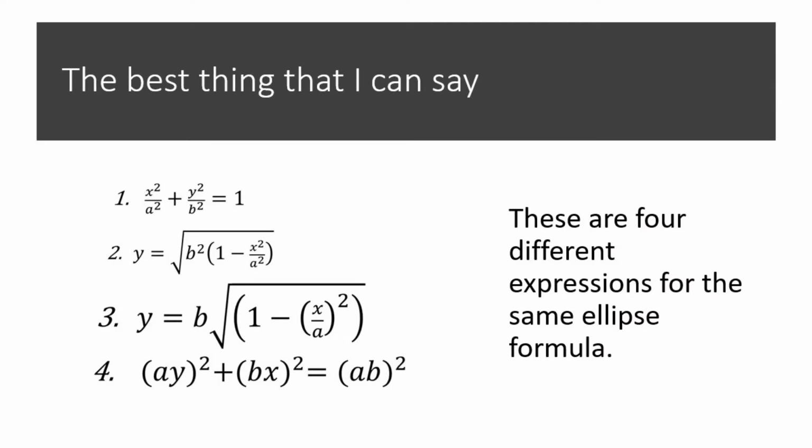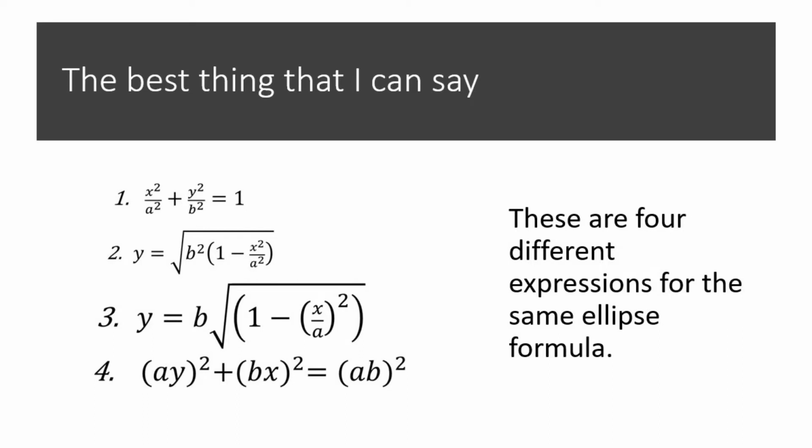After consuming the four definitions from the Oxford Concise Dictionary of Mathematics, I have come to the same conclusion that these are all the same formula. And the reason for that is that they express the same mathematical relationship or the same rule, and it is this mathematical relationship and rule that causes these equations to represent ellipses.